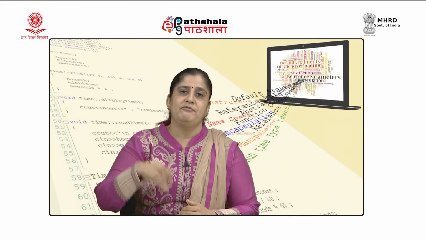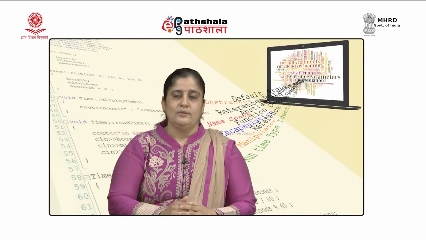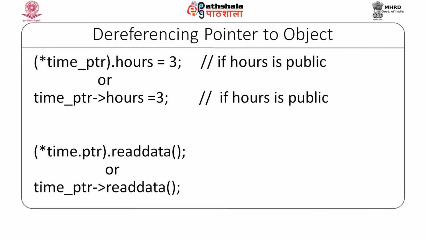So, how do we dereference object pointers? Time PTR, as we have defined, is a pointer to the time class, and you know, for dereferencing we use the star operator. So, to dereference the time pointer also, we can use the star operator.